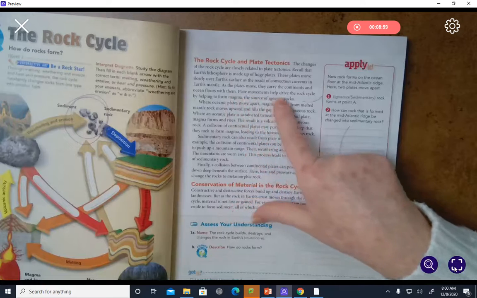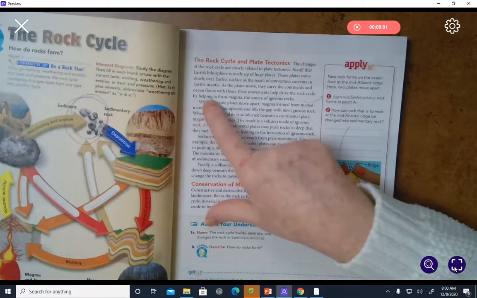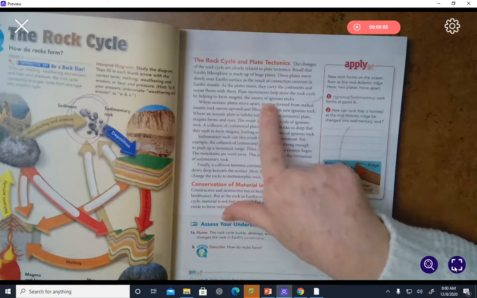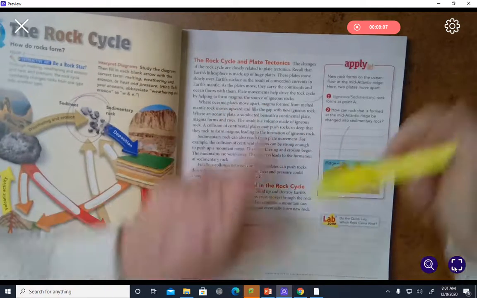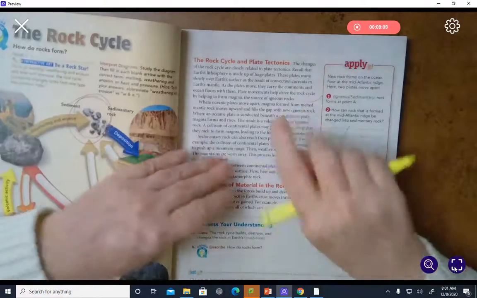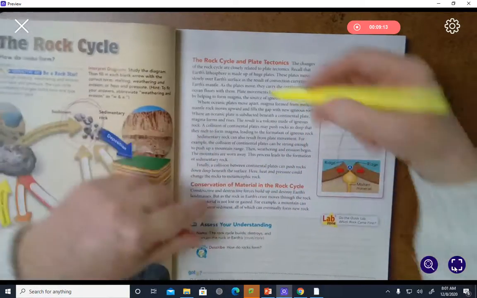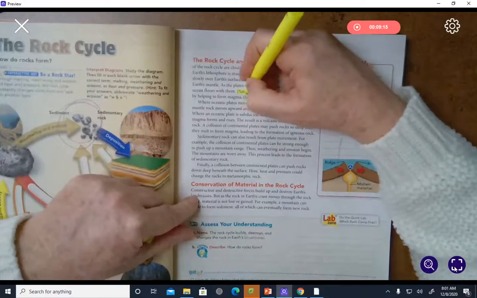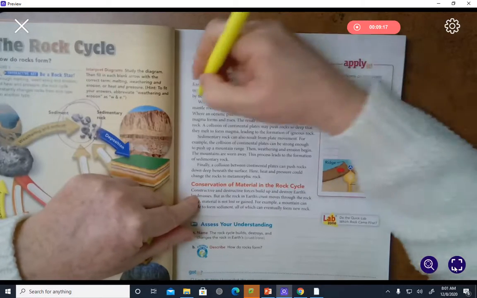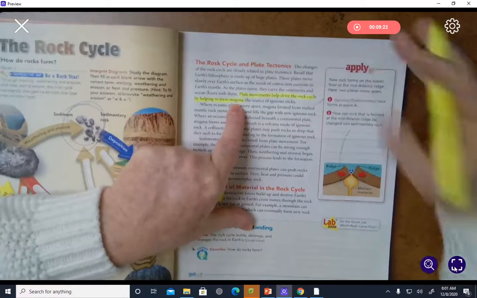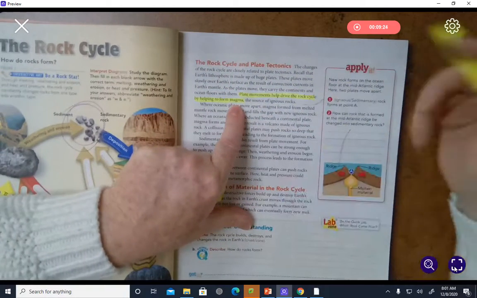Plate movements help drive the rock cycle by helping to form magma, the source of igneous rocks. Doesn't that seem important? What helps drive the rock cycle? If the section is on the rock cycle, you think you would want to know what exactly is making it happen. And it forms that magma. In this case, you can imagine the magma as being like very warm chocolate pudding.